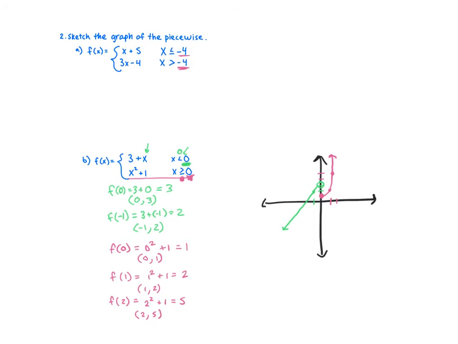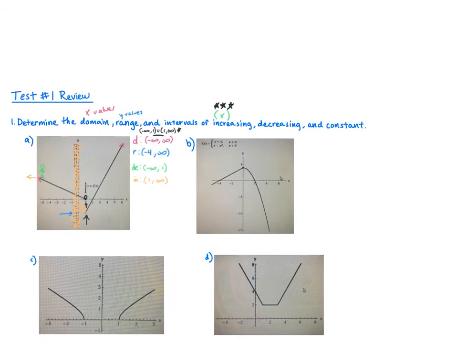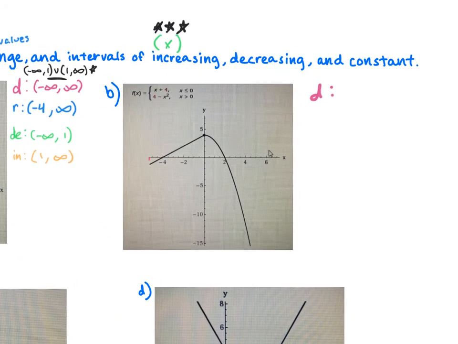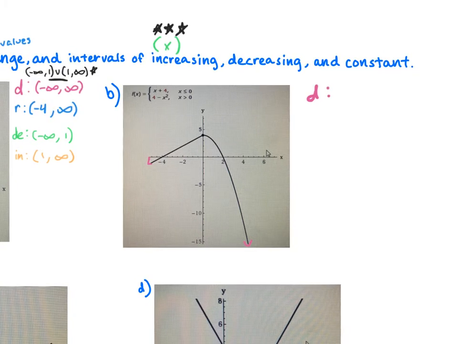All right, so going back to the ones that I skipped, let's take a look at number 1b. So our domain, again here we just need to pretend that these are arrows so that they continue on forever. Our domain goes forever in the left direction and forever in the right direction, so this would be -infinity to infinity, or we could say all real numbers.